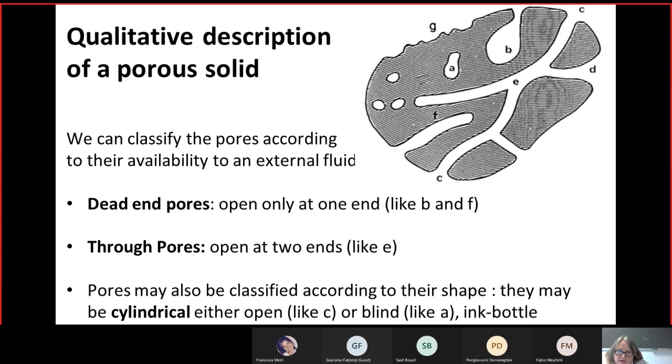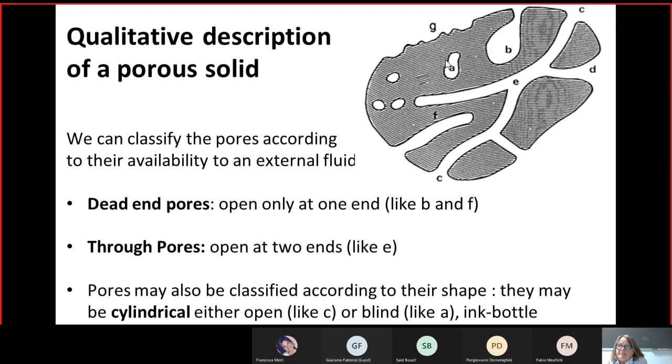Another way to classify pores is by their shape. They can be cylindrical, so C is this long pore here. It's open and cylindrical in shape, and A might be cylindrical in shape, but it's blind, it's a closed pore.